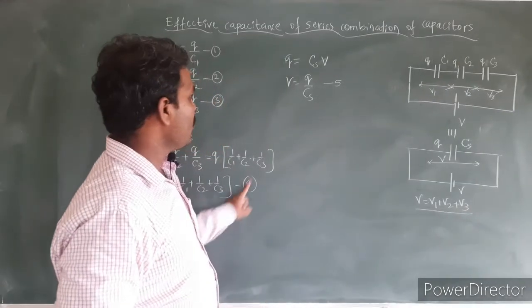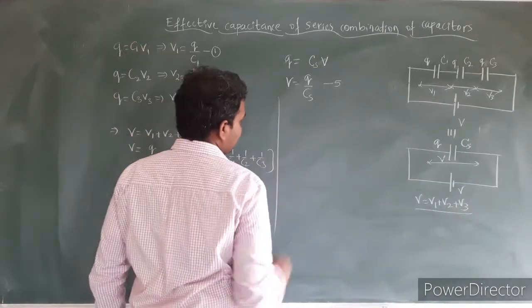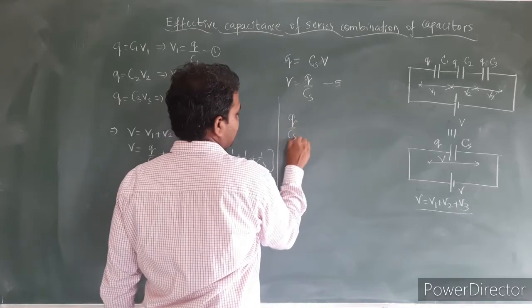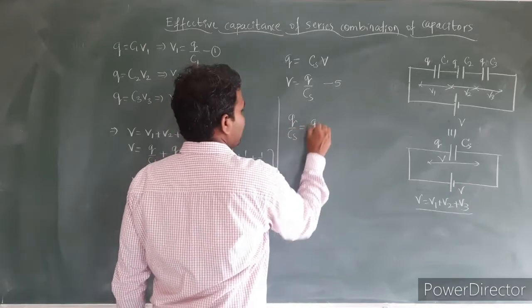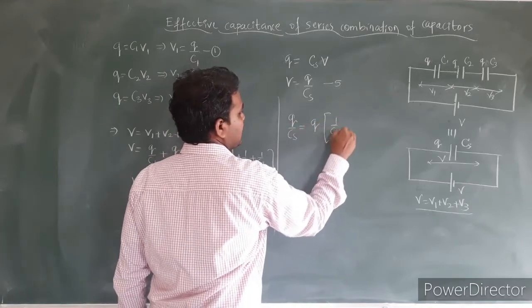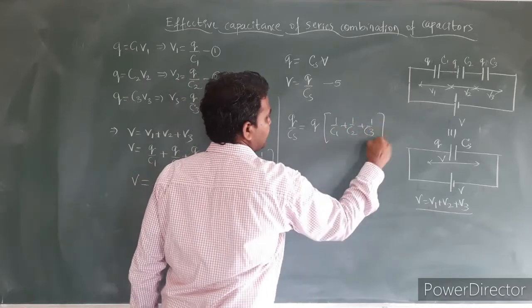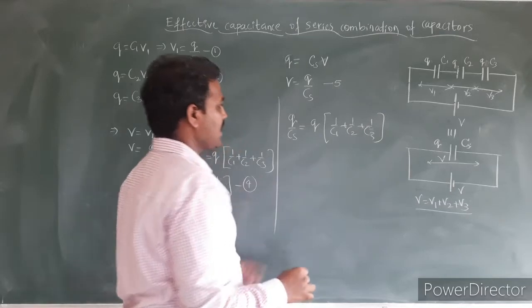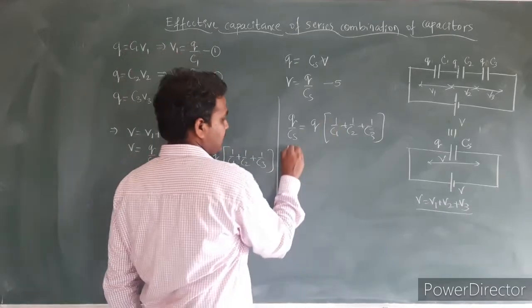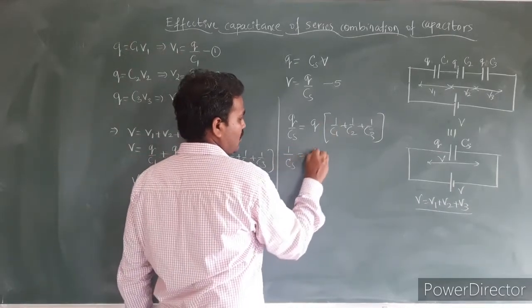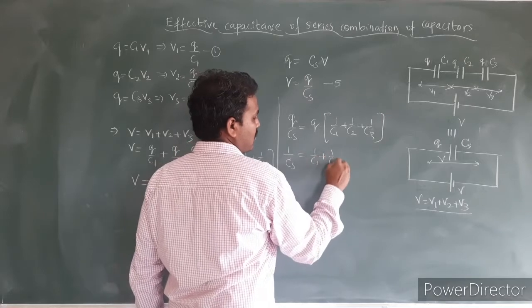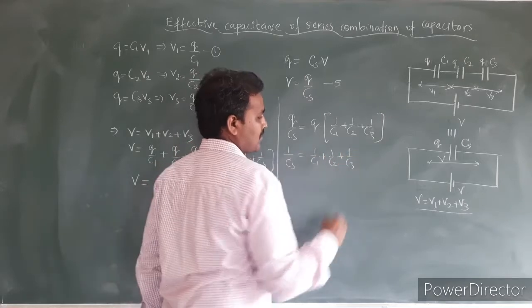Equating equation number 4 and 5, I can write Q divided by CS is equal to Q inside bracket 1 by C1 plus 1 by C2 plus 1 by C3. Comparing both these equations, I can write 1 by CS is equal to 1 by C1 plus 1 by C2 plus 1 by C3.